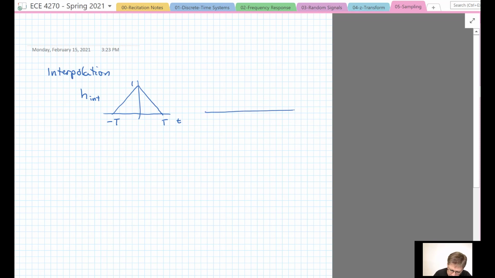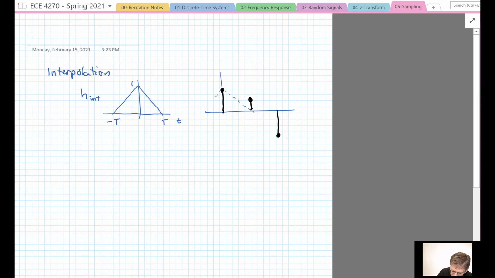So now when we use this, let's say we have some specific samples that we're trying to reconstruct. Put it here. There. That's enough to be getting on with.